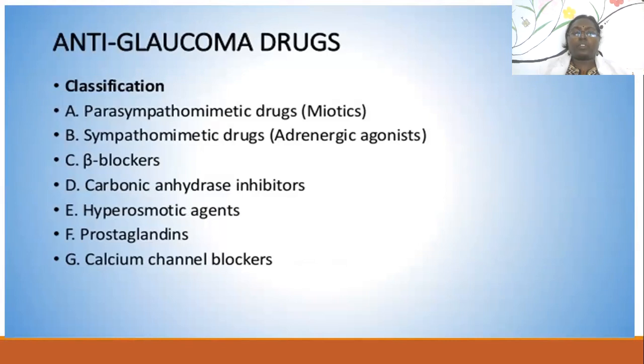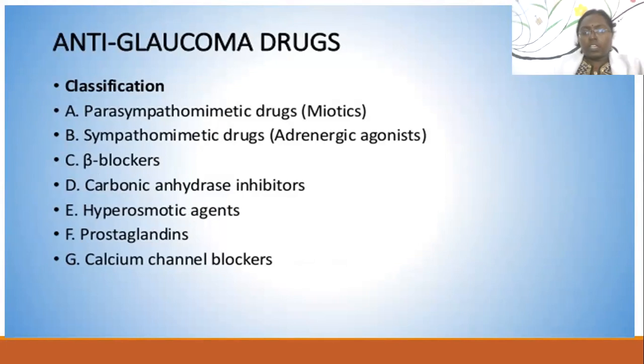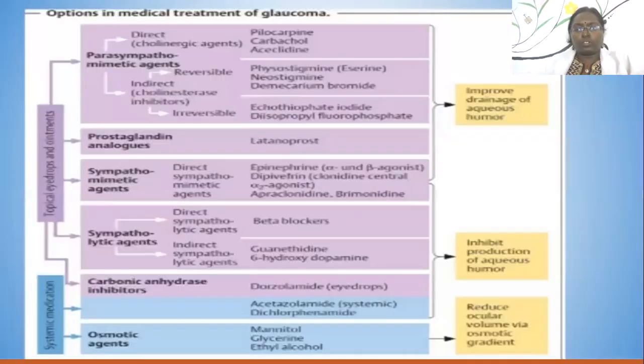Anti-glaucoma drug classification includes miotics, sympathomimetic drugs, that is adrenergic agonists, beta blockers, carbonic anhydrase inhibitors, hyperosmotic agents, prostaglandins, and calcium channel blockers.